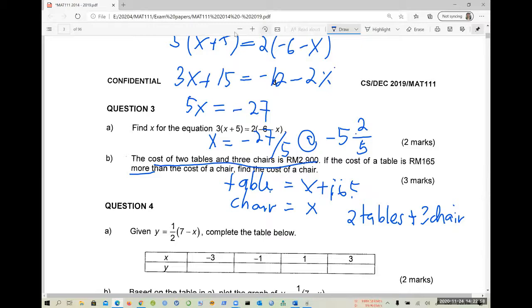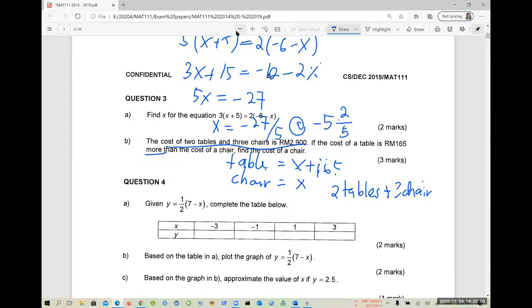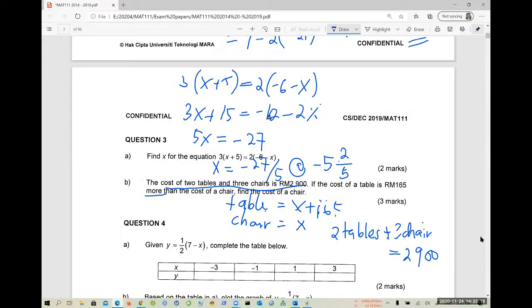Let me just make it smaller. And this must be equal to 2,900. So let me just rewrite everything on the top here. I will erase whatever is on the top first.